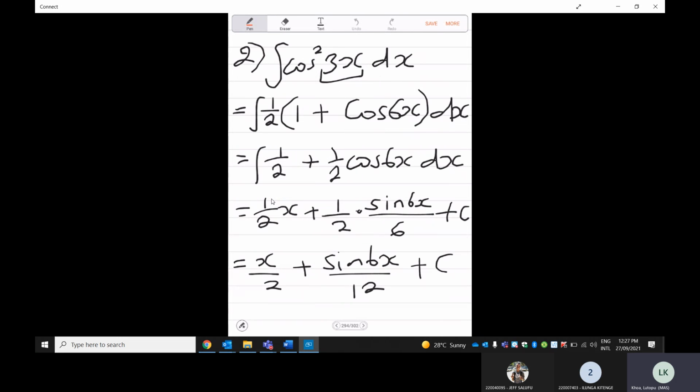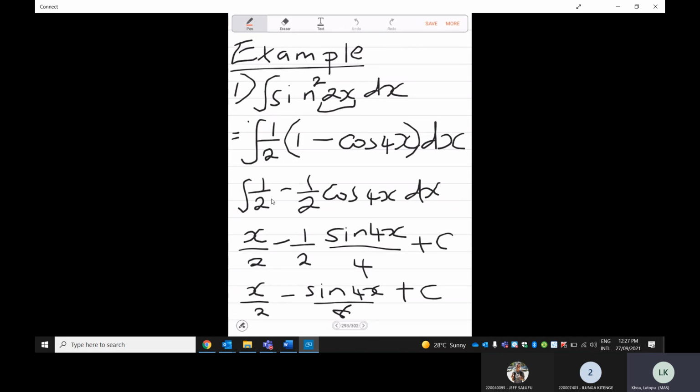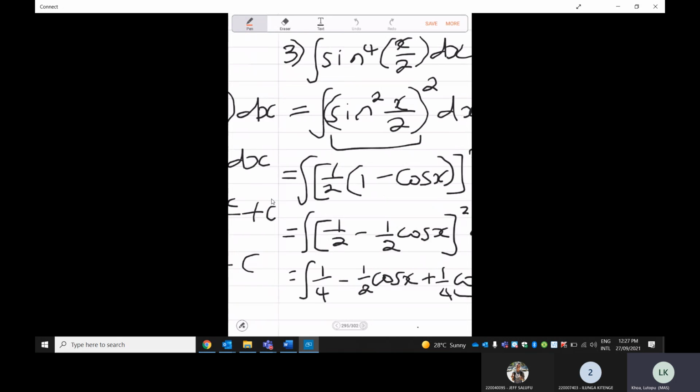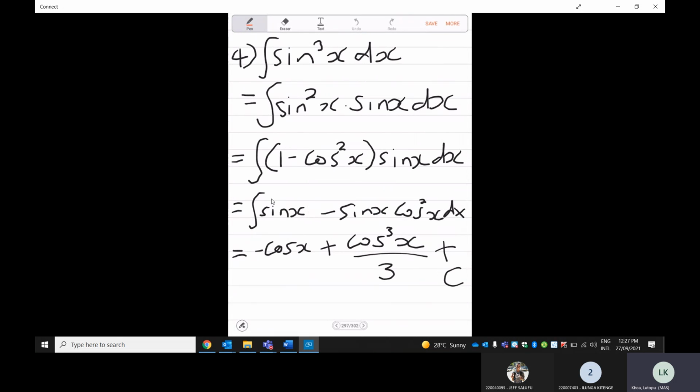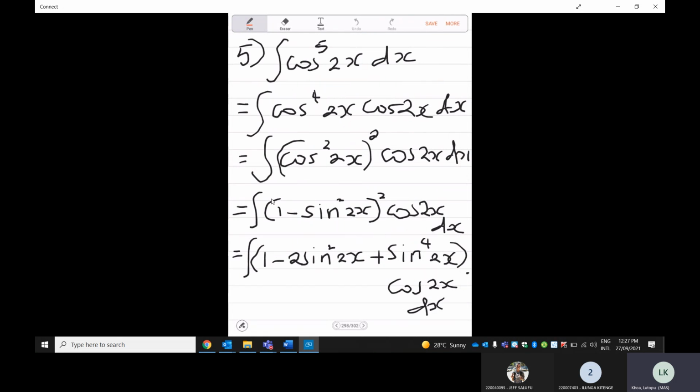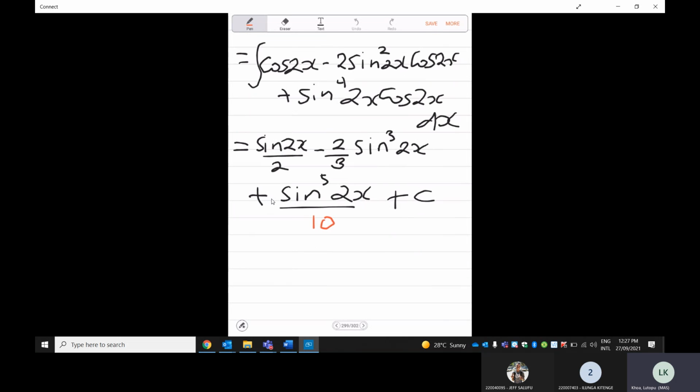It's 3x here. Okay, this one is fine. So it was only example 5 that was not correct. So with example 5, make sure that you change the last part. It should be sine to the power of 5 2x over 10.